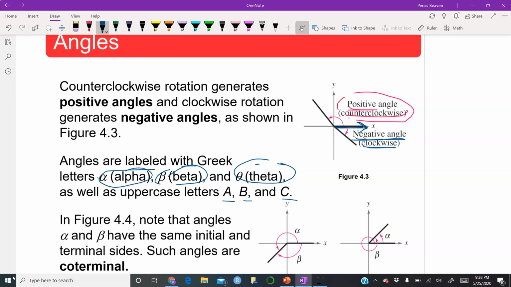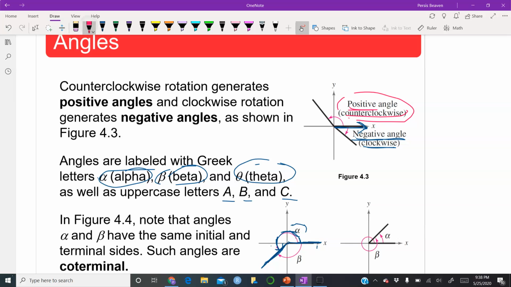On the figure 4.4, the one on the right side, it is showing us this angle that starts on the x-axis, so it is in standard position, and then we rotate counterclockwise. The terminal side is right here in the third quadrant. So that is the angle denoted by the Greek letter alpha.